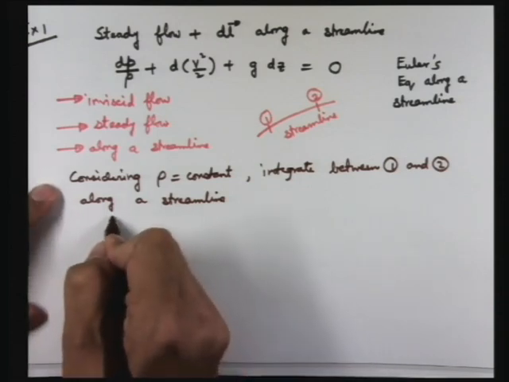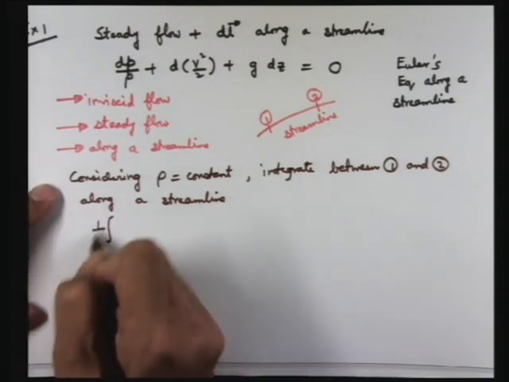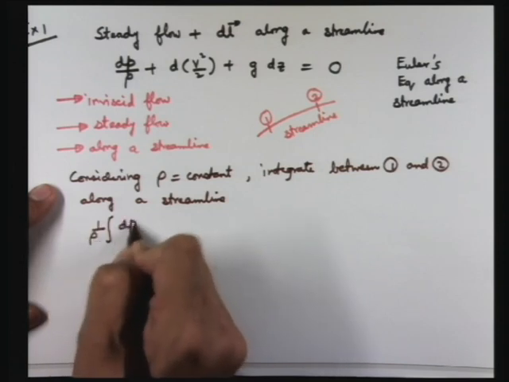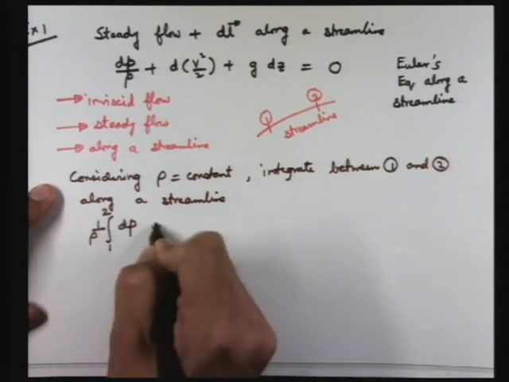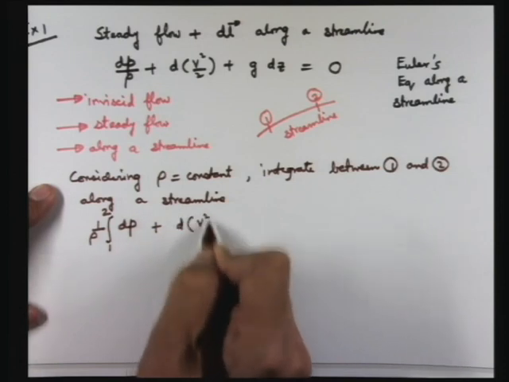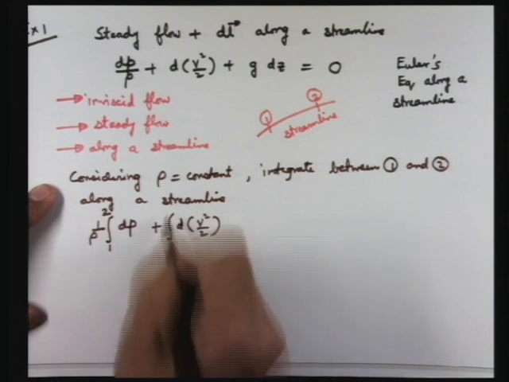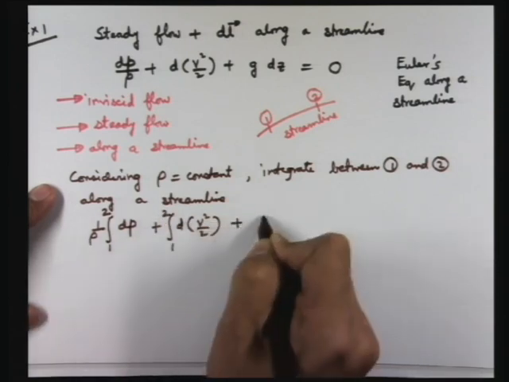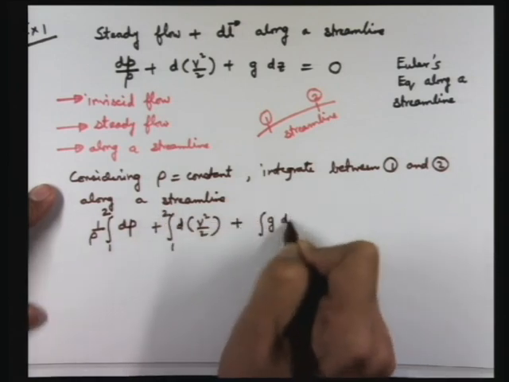So 1 by rho, rho comes out of the integral from 1 to 2, plus the integral of d of v square by 2 from 1 to 2, plus g dz.